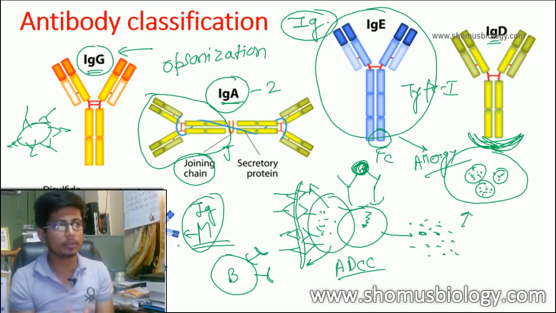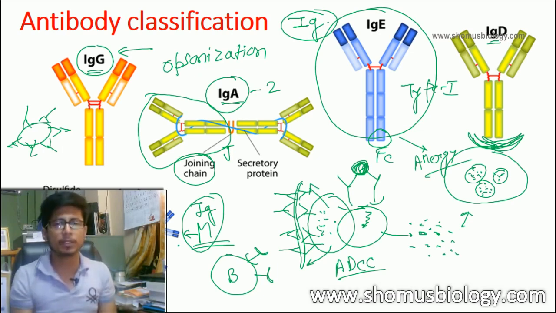That is what we want, right? So immunoglobulin M has 5 different chains. That's why we can use that for fixing complement, and it helps in fixing complement much faster compared to the rest of the immunoglobulins.